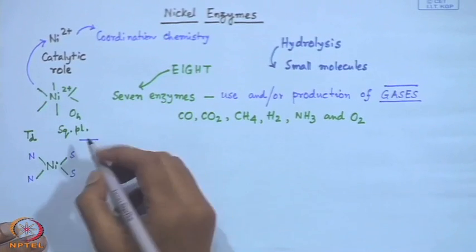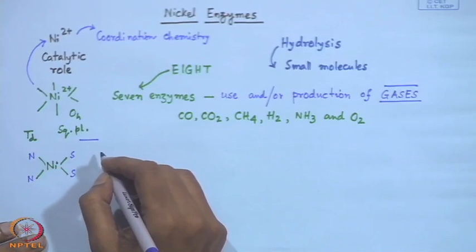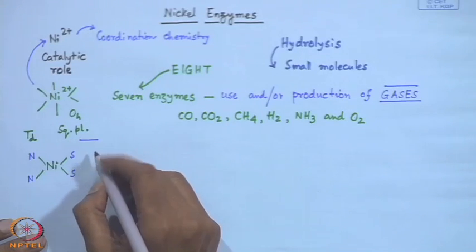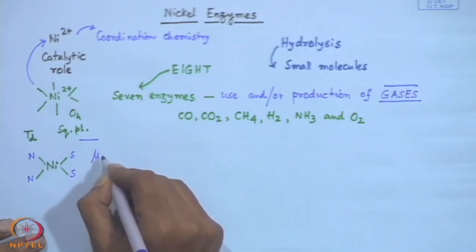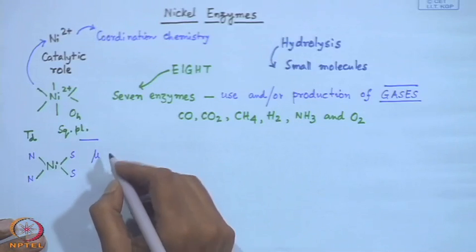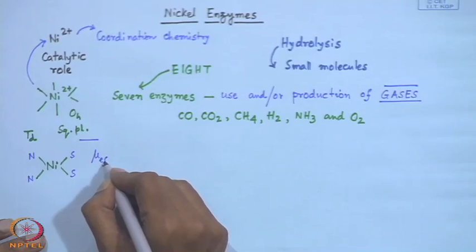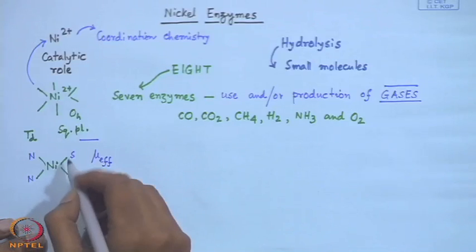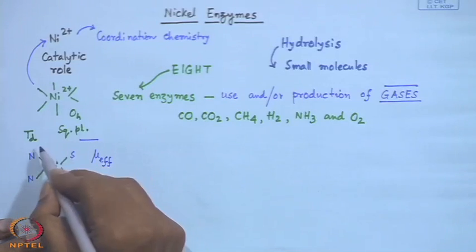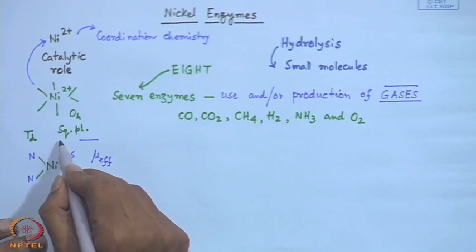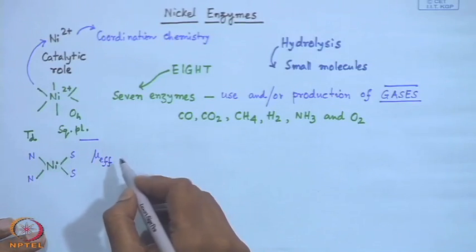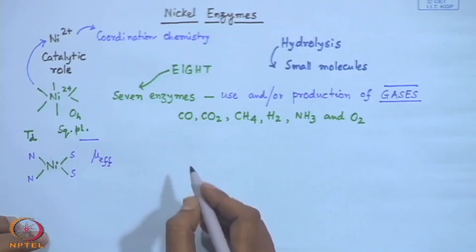So, initially, to know this environment in the living organism, in these metalloenzymes, what people can find out is the corresponding effective magnetic moment. That effective magnetic moment in a 4-coordinated system always gives us some idea whether you have a square planar or tetrahedral geometry, because we know it can range from 0 to 2.84.